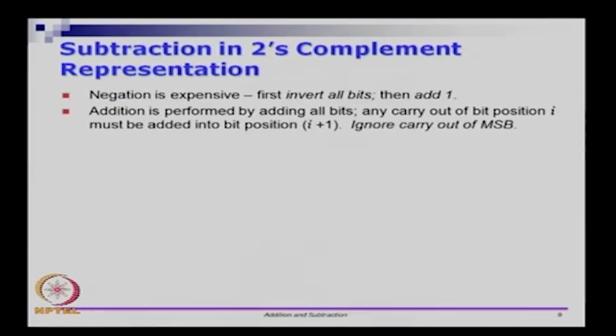Subtraction in 2's complement is going to be negation followed by addition. We know that negation in 2's complement is slightly more expensive. What we have to do is first invert all the bits and then add 1 to it. We take the 2's complement interpretation of a number, this could be positive or negative. If I want to negate it, I flip all the bits and add 1.